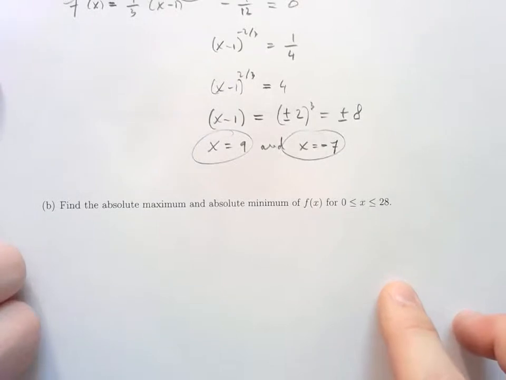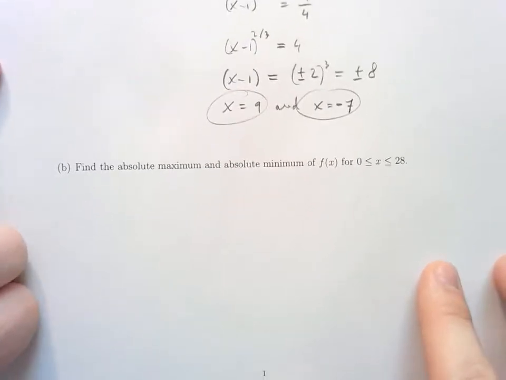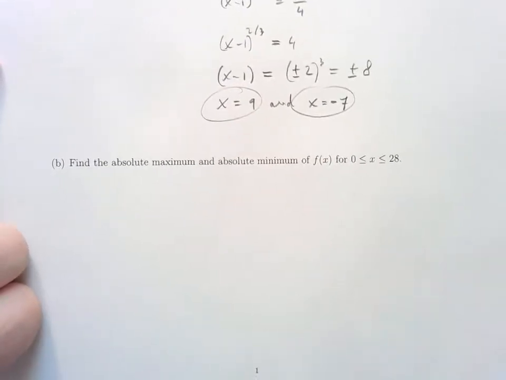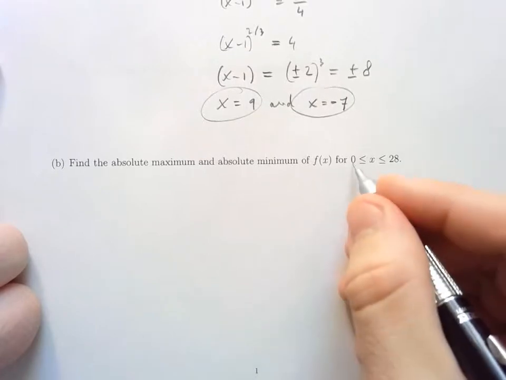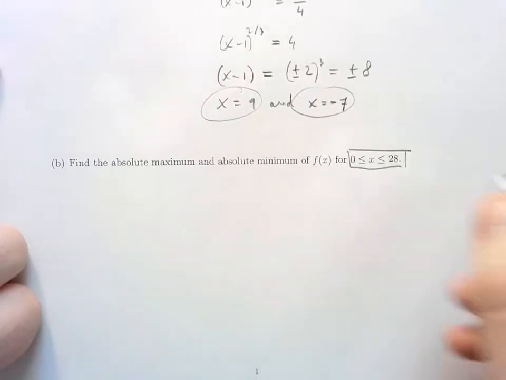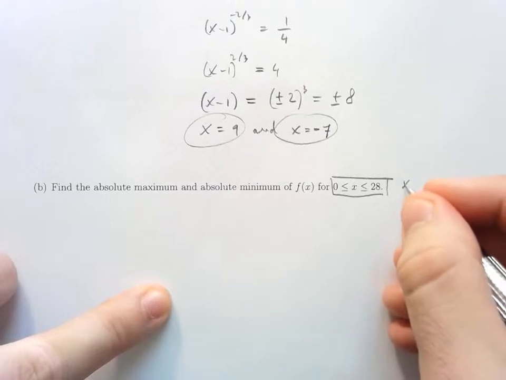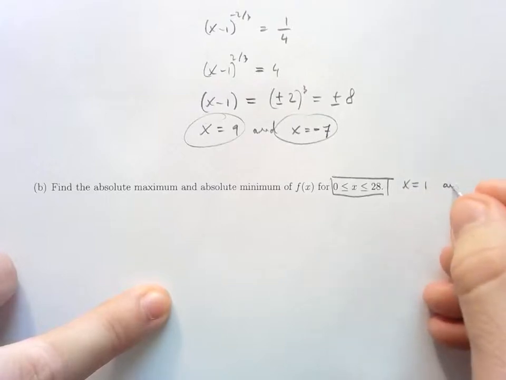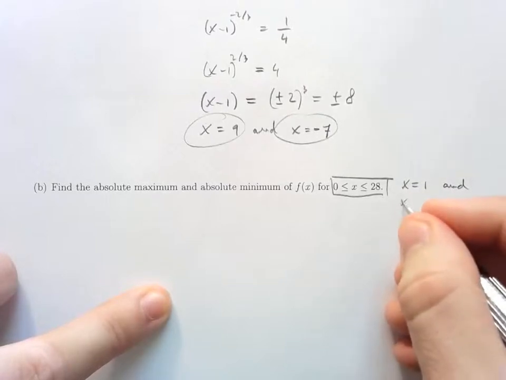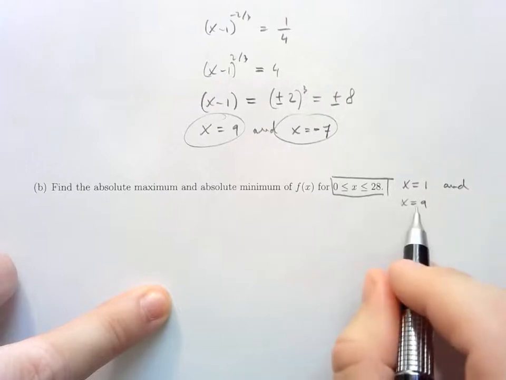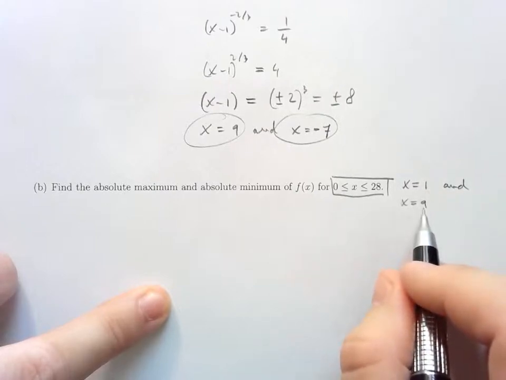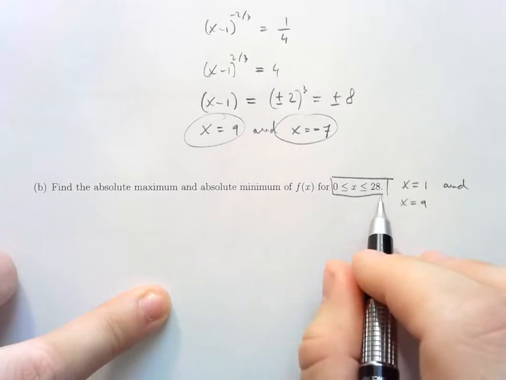And for part B, now we're asked to find the absolute maximum and absolute minimum of our function. However, we're specified this interval here, so that means we're only going to be looking at the critical points x equals 1 and x equals 9, because those are the only two x values that fall within the interval 0 to 28.